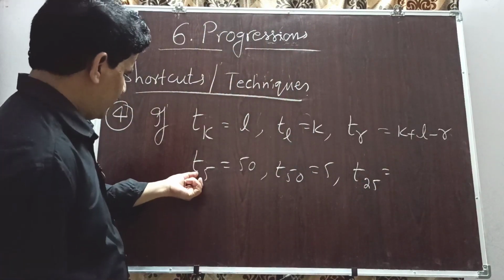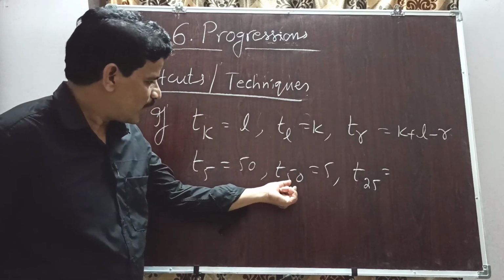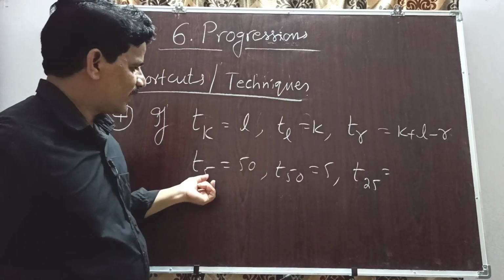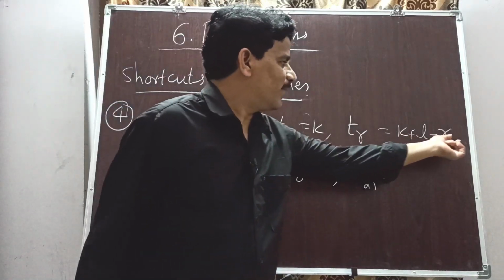Both are reversed here. So the formula says K plus L minus R.